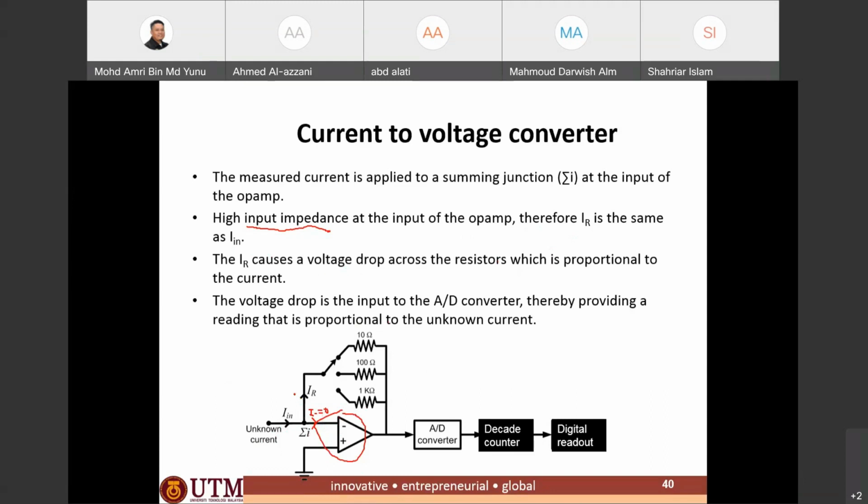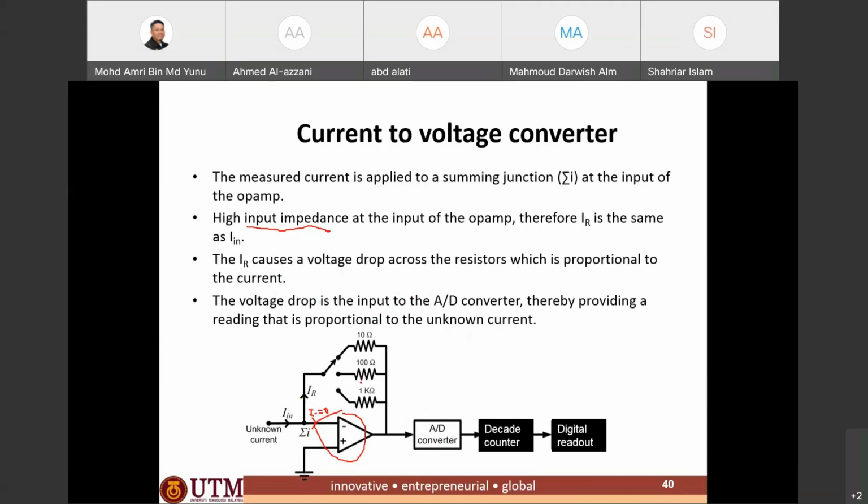Therefore, there is a voltage drop across the resistor, which is proportional to the current. The voltage drop is the input of the AD converter, which will be used by the converter.